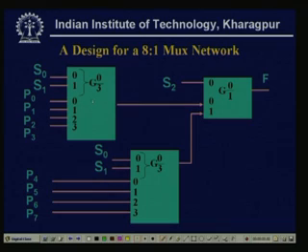This is my mux 1, this is my mux 2, and this is my mux 3. The outputs of the 4 to 1 muxes are the inputs, and another select line is there, and this will be my output F2.